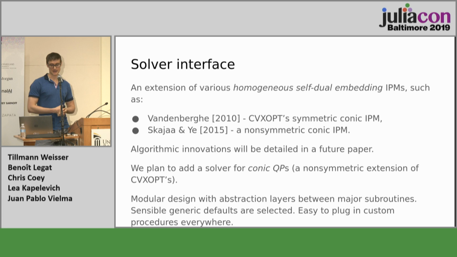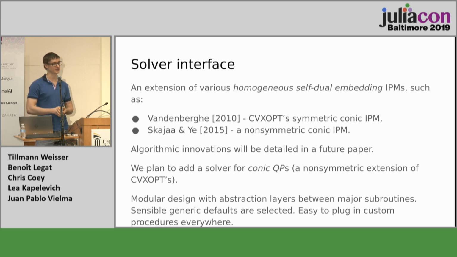So the method that we've currently implemented is based on what's called the homogeneous self-dual embedding, which is the sort of basis for most conic interior point methods. And our algorithm is an extension of several methods, in particular these two.